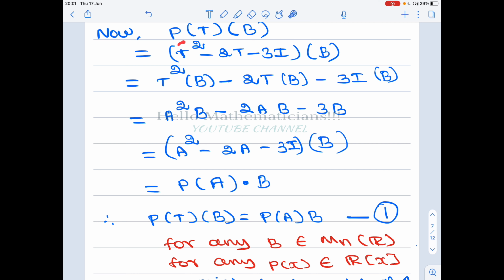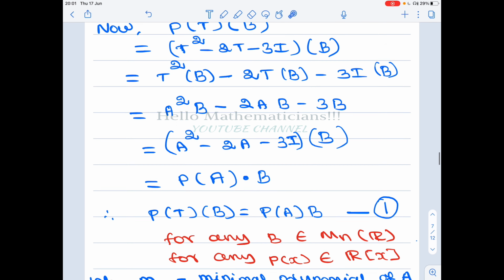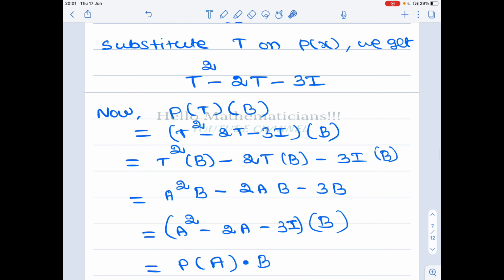For example, this linear transformation T square minus 2T minus 3I is a new linear transformation constructed from T. In that linear transformation, evaluating p is the same as first substituting A in the same polynomial p, so you get a new matrix, and then multiplying that matrix by B. So this is our first observation.